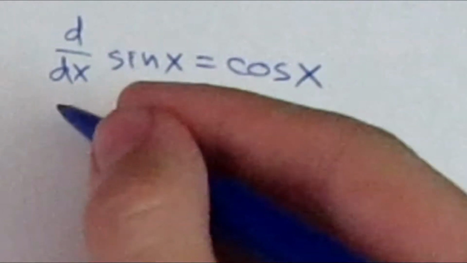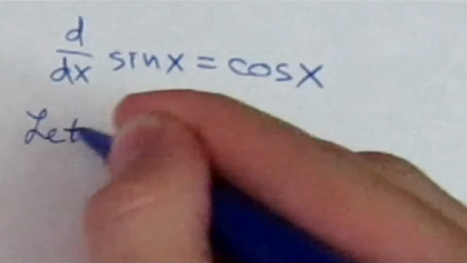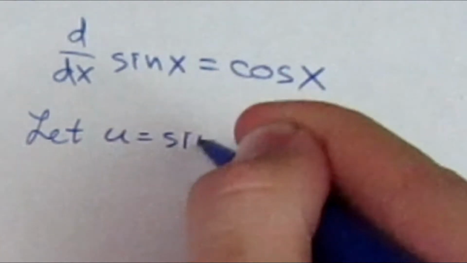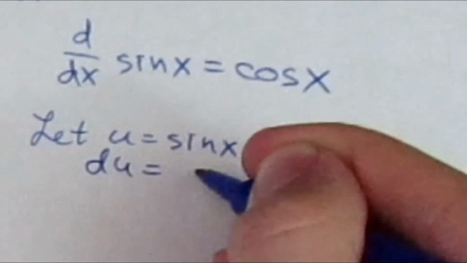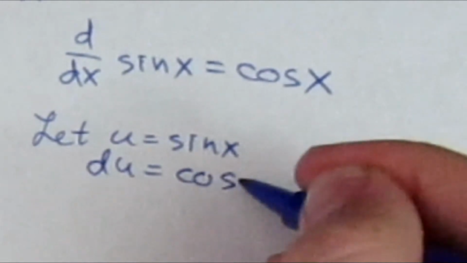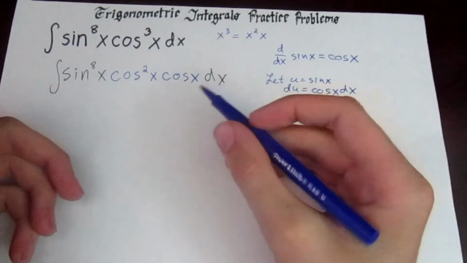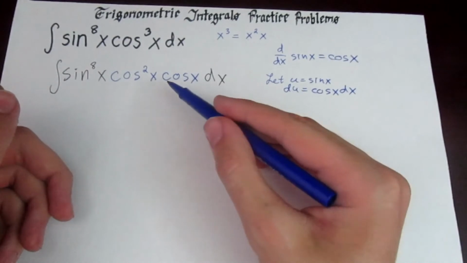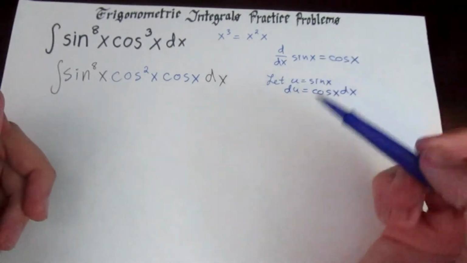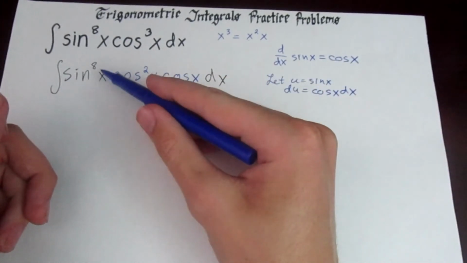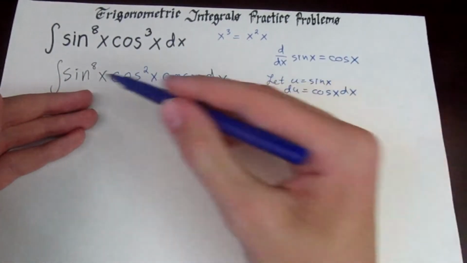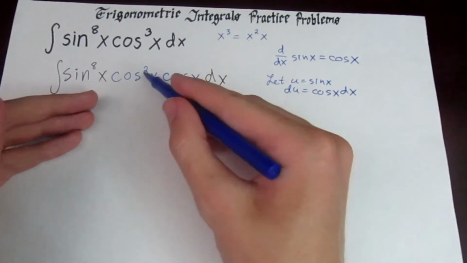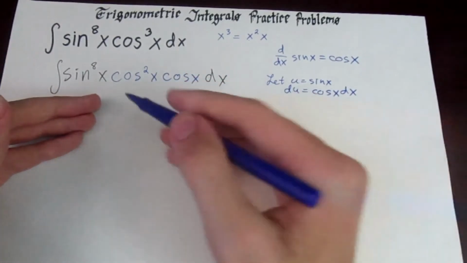So if we let u equal sine of x, then du equals cosine of x dx. And that's exactly what we have right here, cosine of x dx. And we have a sine to the 8th of x, which we could easily substitute a u right there. But what about this cosine squared x?